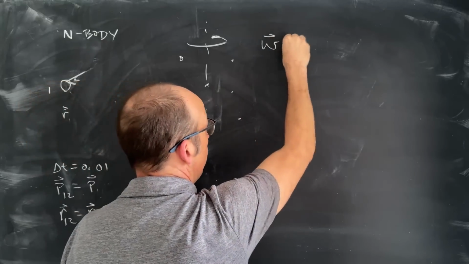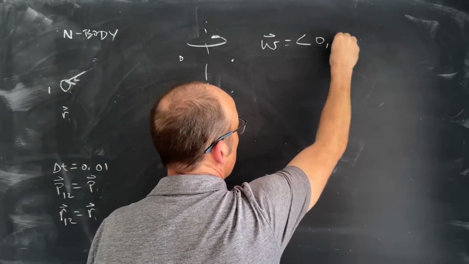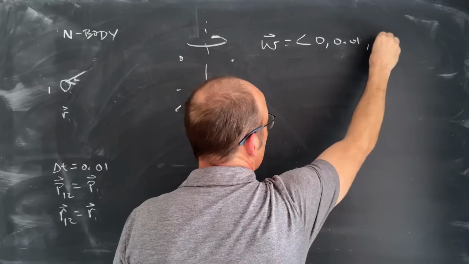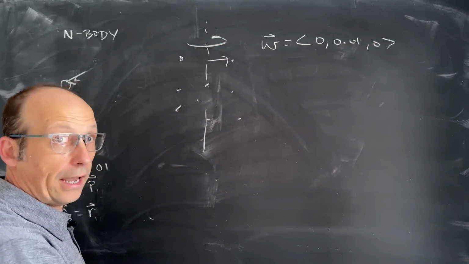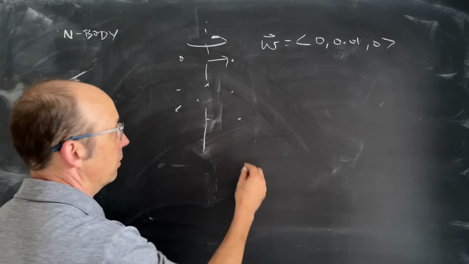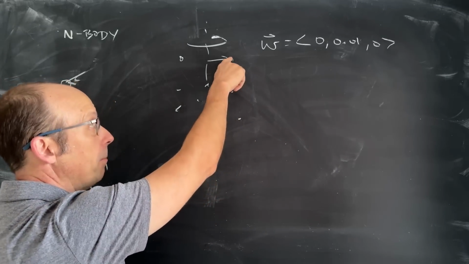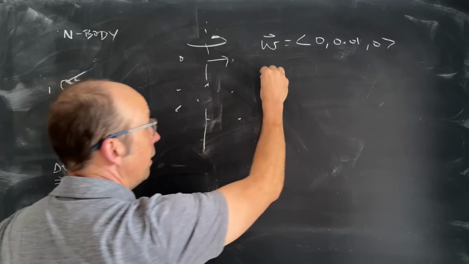So I'm going to write omega as a vector, 0, 1, 0. So it's a vector. Each one of these will have an rxz vector. And so I can calculate the velocity based on it moving in a circle.